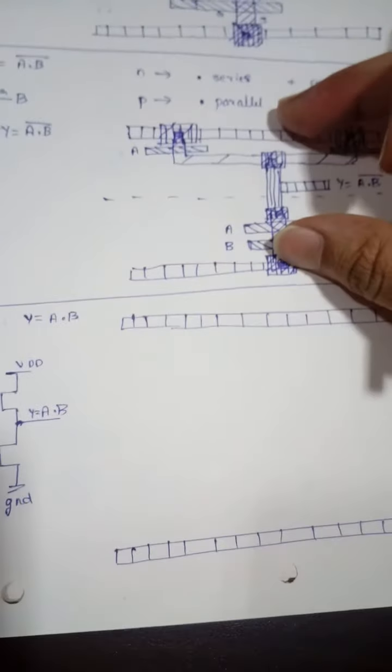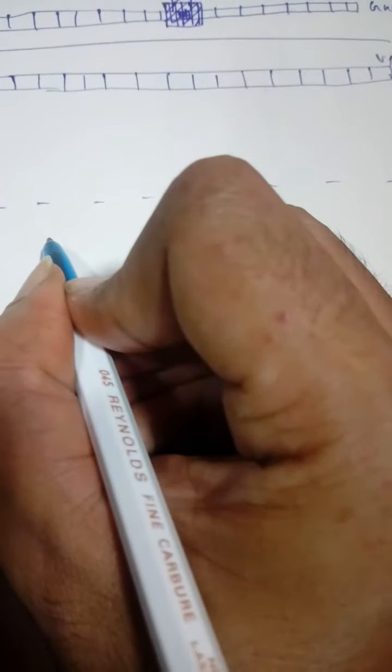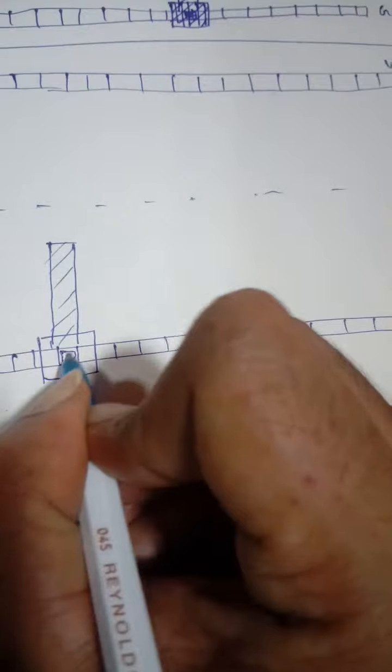So first we will start with the VDD and ground. First we'll make this one, starting with the demarcation line. Here I am drawing the N plus layer and putting a contact cut.